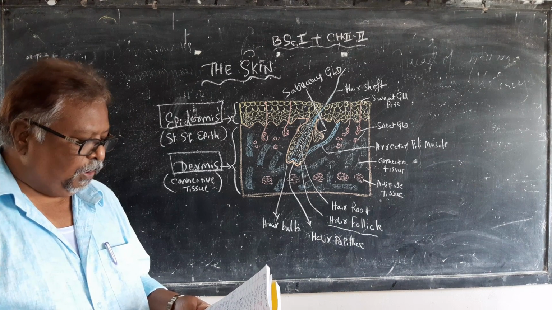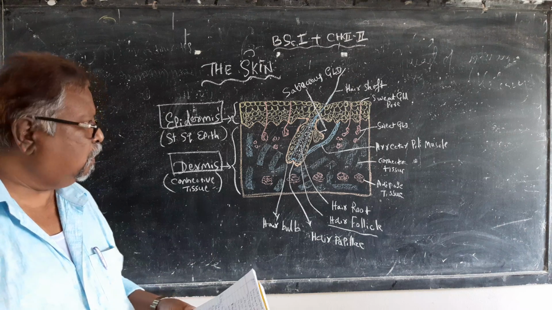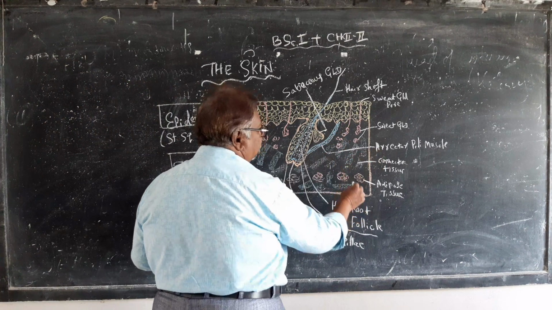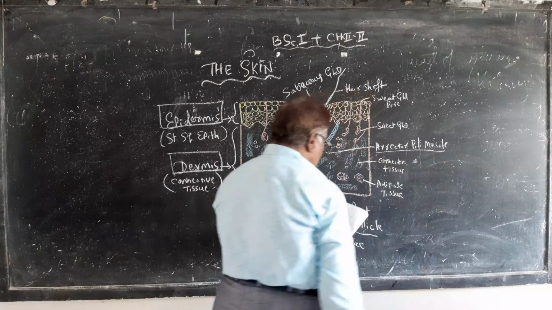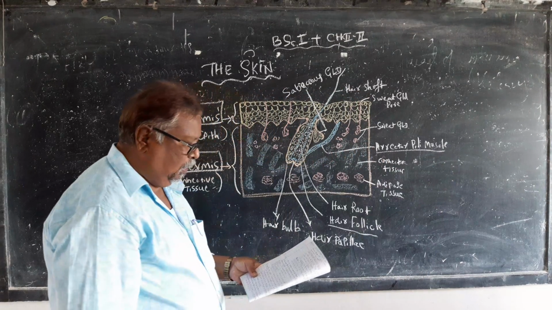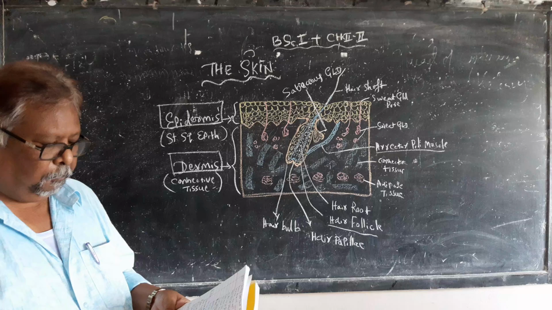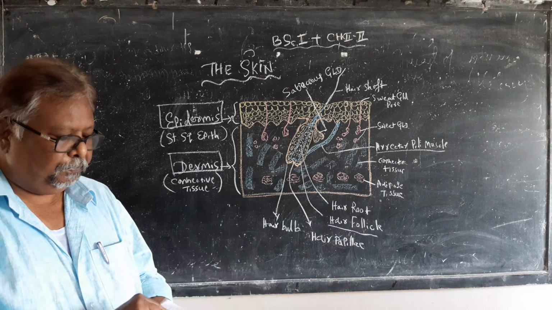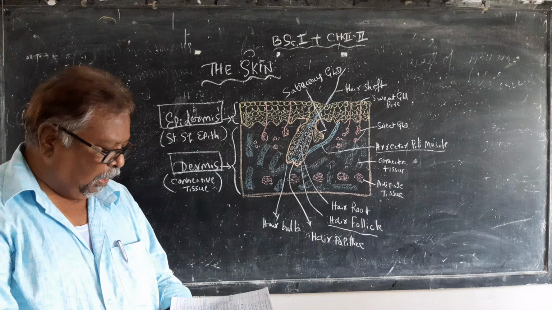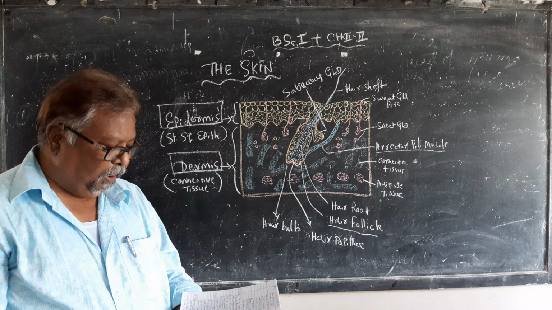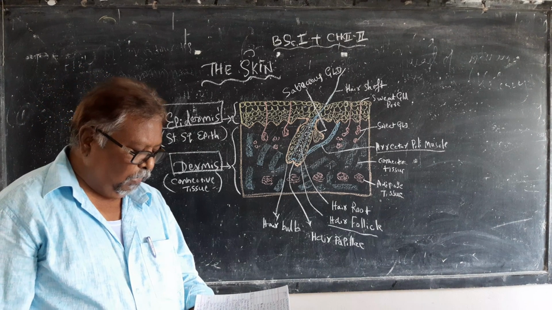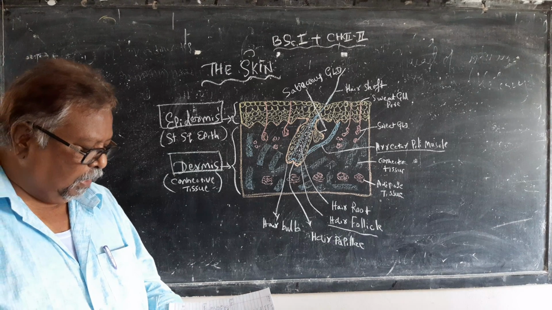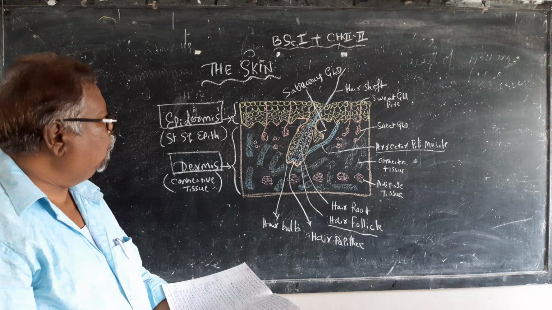Now, the next point is erector pili muscles. These are the erector pili muscles. The erector pili muscles are bands of smooth muscles which are attached to the dermal papillae on one side and to the hair follicle on the other side.